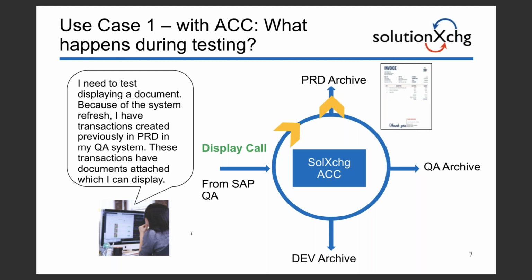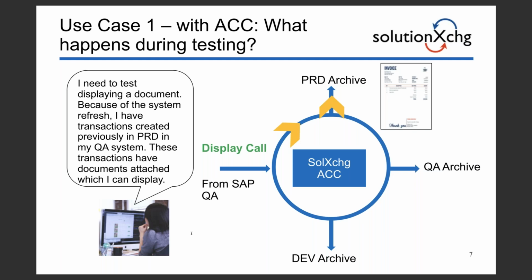Because of my recent system refresh, I click on a transaction or an SAP document previously created in our prod system, but I'm in my QA system. These transactions usually have documents attached, and I want to display that particular document. So from your SAP QA system, which is a copy of your production, a display call is issued.